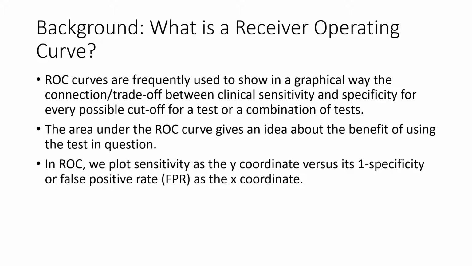In a receiver operating characteristic curve, we plot sensitivity as the y-coordinate versus 1 minus specificity as the x-coordinate. So this is basically plotting our true positives against our false positives.